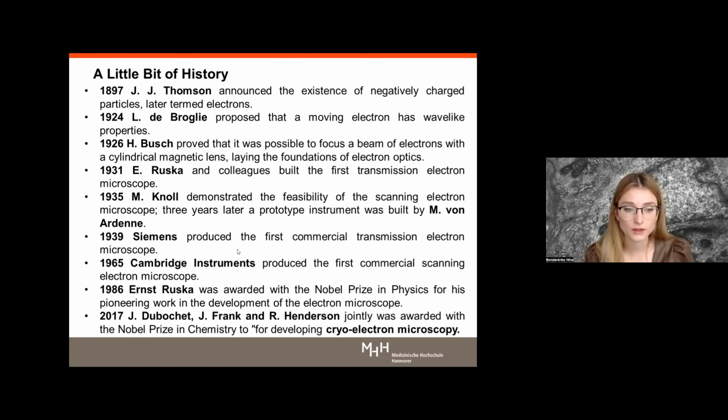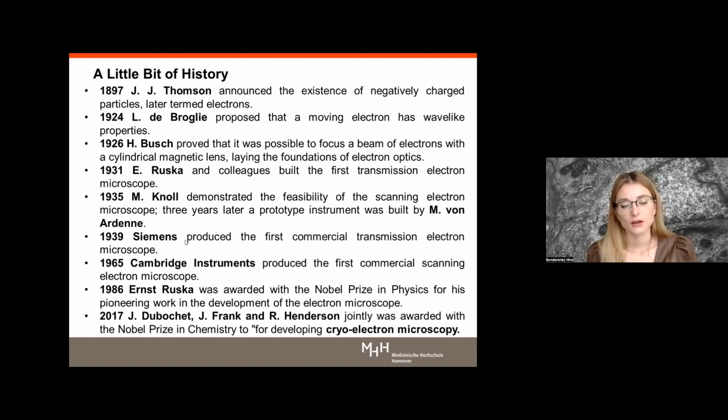After that, Busch proved that it was possible to focus a beam of electrons with a cylindrical magnetic lens, laying the foundation of electron optics. The first microscope was invented in 1931 by Ruska and his colleague, and in 1939 Siemens produced the first commercial transmission electron microscope.